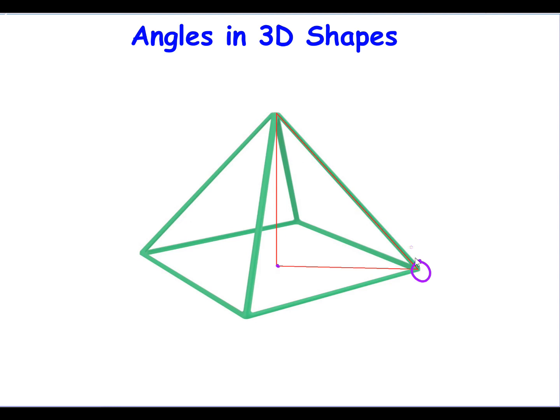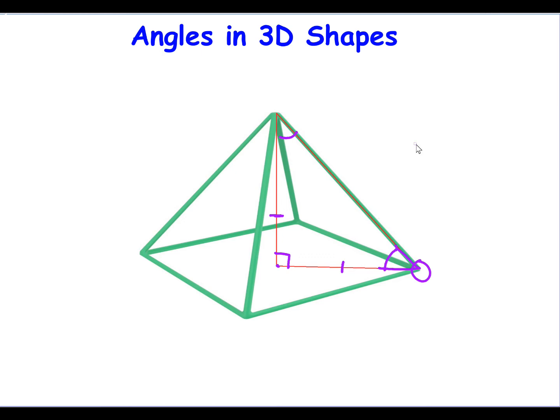Now the angles that you create when you do that are totally dependent on the types of triangles that you are creating. So here, if this length here was the same as that height there, then this would be an isosceles triangle, where we know this is 90, therefore this and this are the same angle.